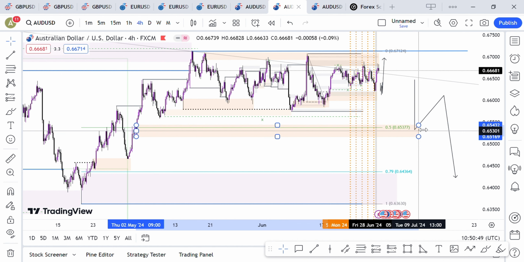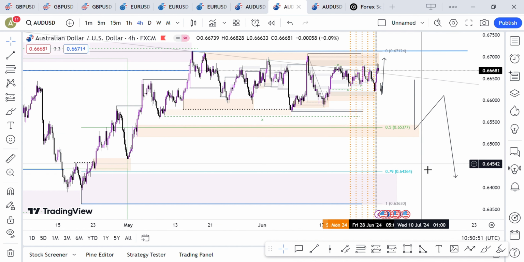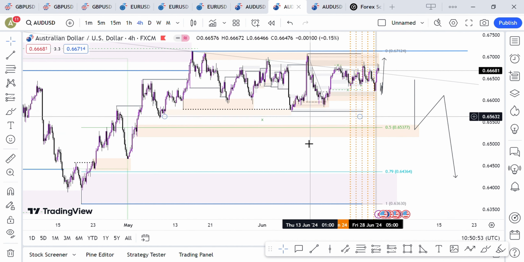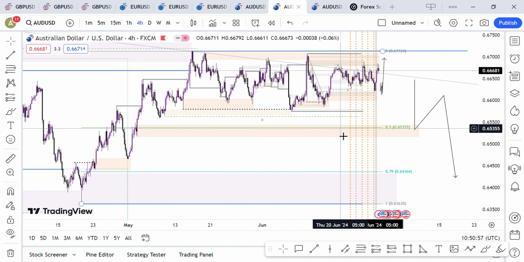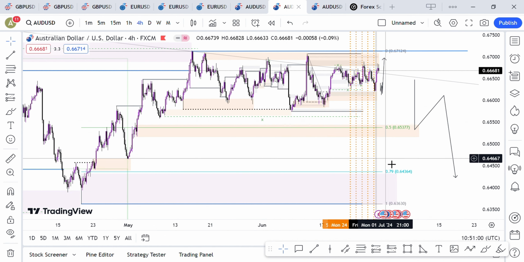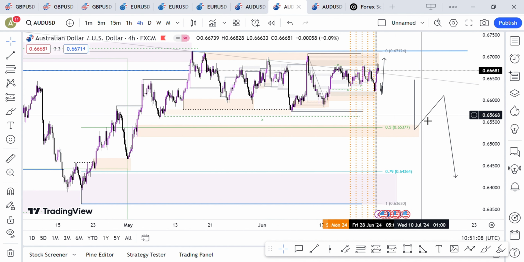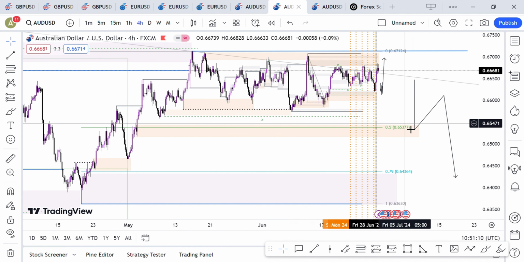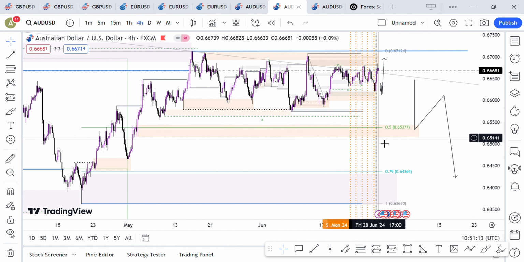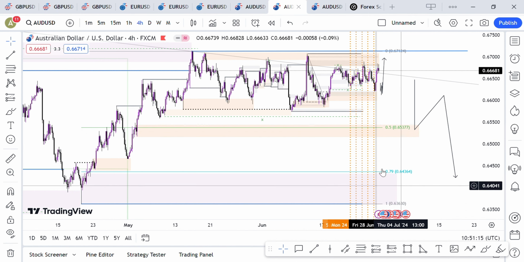So I don't know what could be happening next week, because what I'm seeing right now is that Aussie dollar is just building liquidity, only building liquidity to the upside. I don't know about the sell side liquidity, whether it's going to be taken out next week. But from the weekly and the daily, we see price wants to go up.